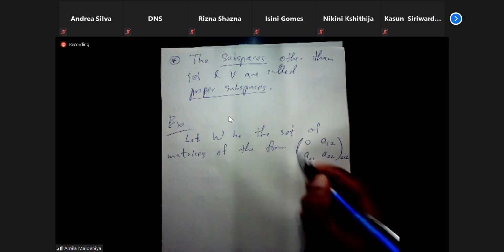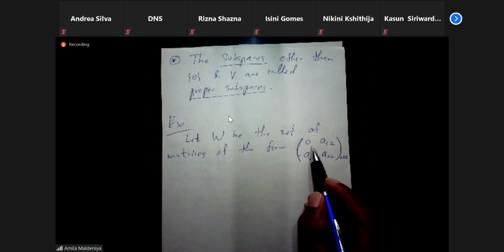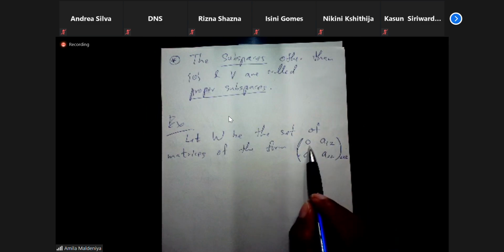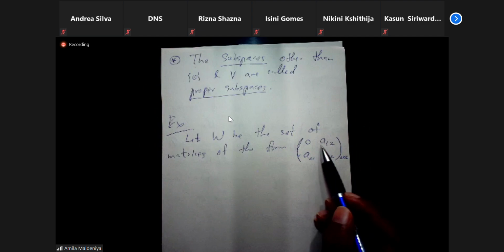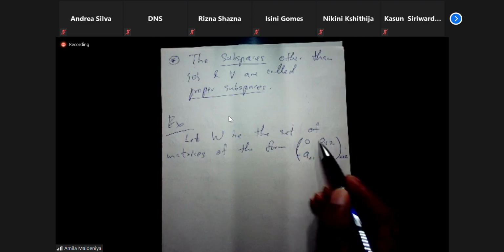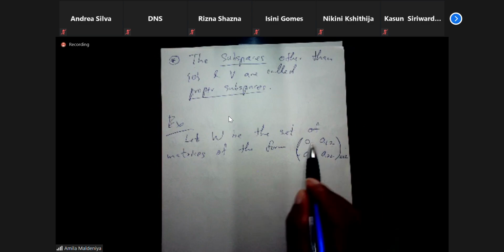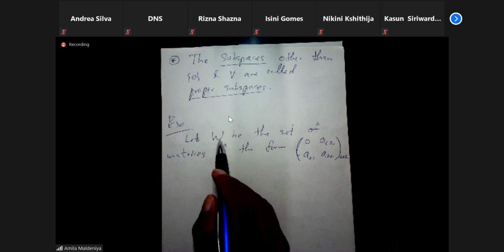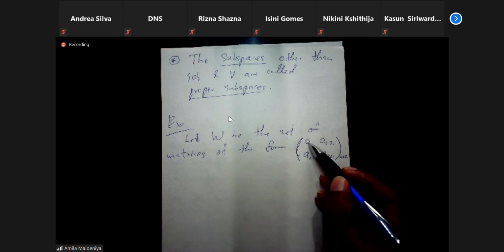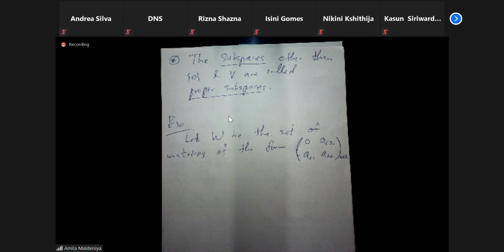So that means all the 2 by 2 matrices with real entries. Suppose real entries, even though if it's complex entries it's the same. The first entry is 0. The rest can be any value. So W is the set of matrices whose first entry is 0, and the others can be anything.